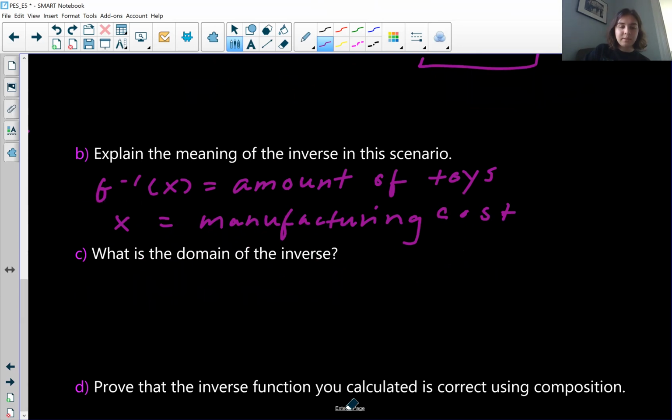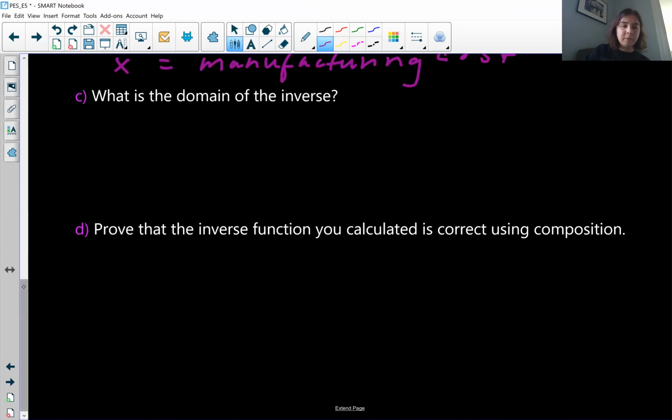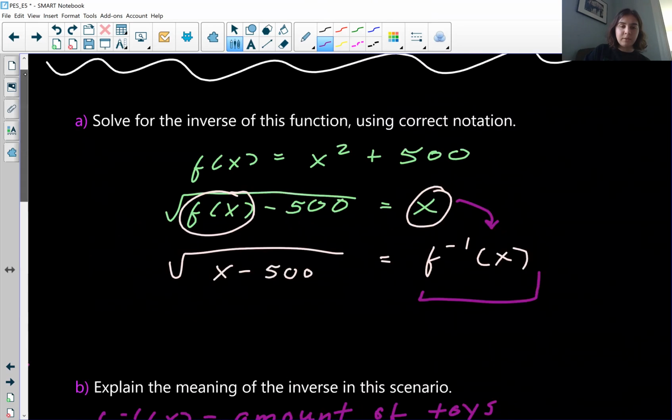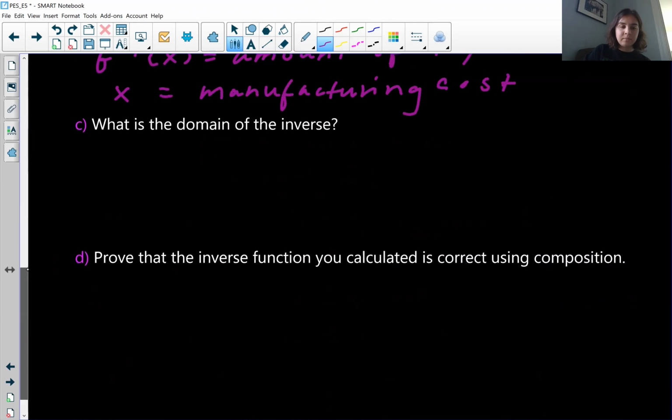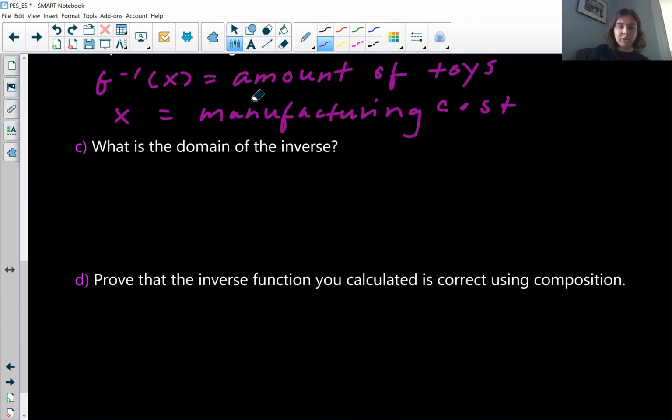Okay, here's the interesting part. We want to find the domain of the inverse. And something that I probably should have added in this question is restricting domains wherever necessary. And you'll see why that's important.